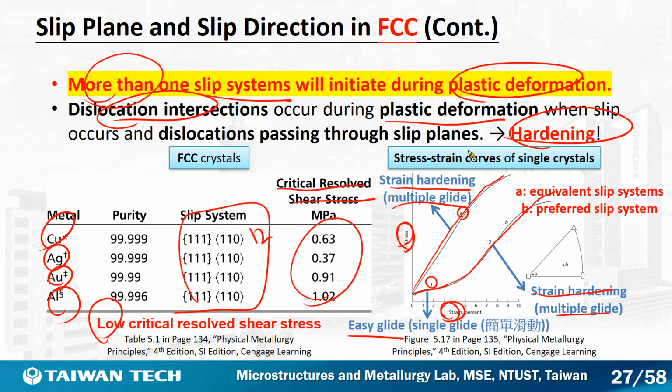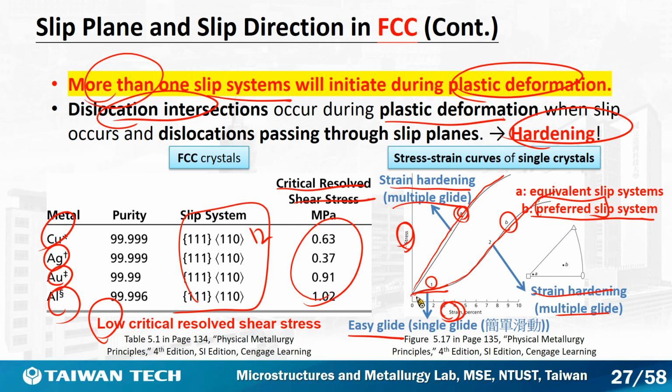And what's the difference between the A and B curves? For A, it's equivalent slip systems. For B, it's the preferred slip system. So for the preferred slip system, it means that at the beginning, there will be a slip system that is very, very easy for slip.